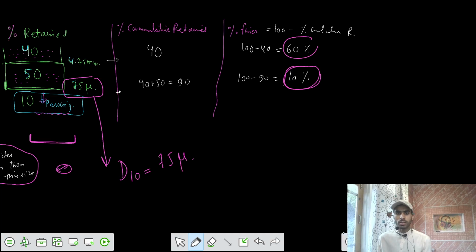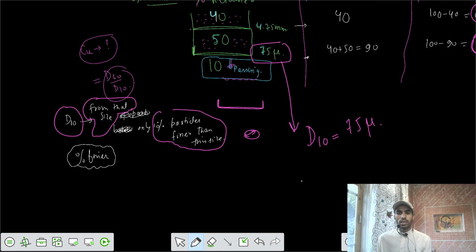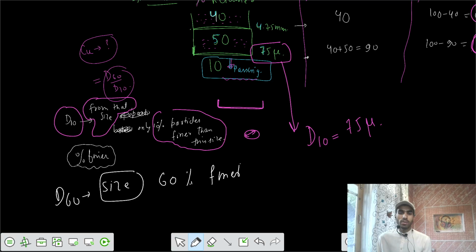What does this 60% mean? This means that the percentage finer is 60%. The statement of D60 says that this is the size such that 60% of particles are finer than this size. So we have 60% of the particles finer than this particular size, D60.